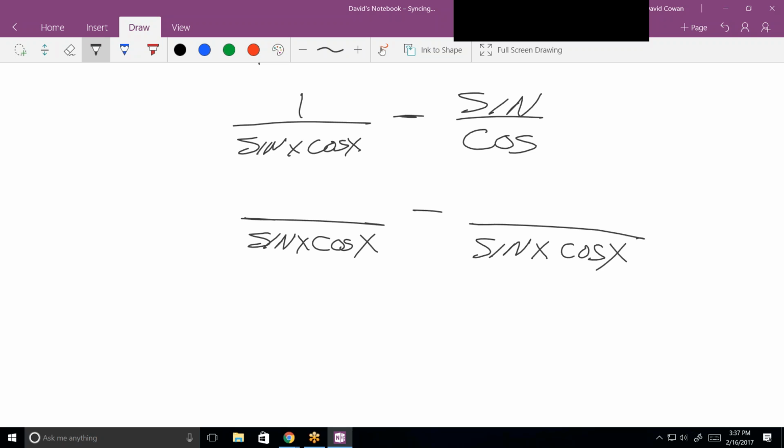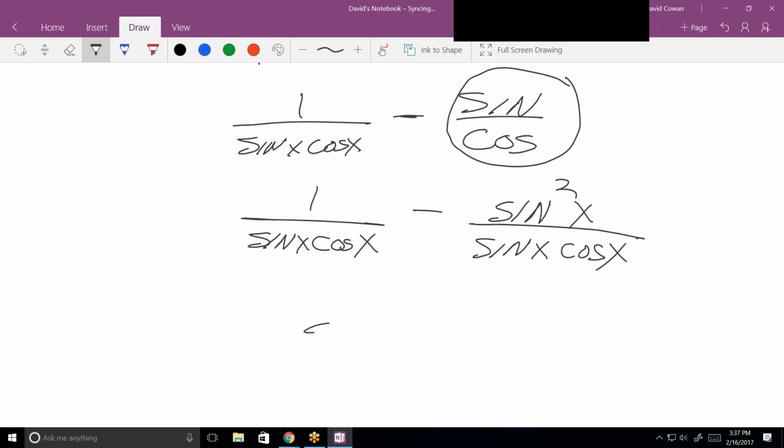Over here, I didn't change it, so I still have a 1 in the top. What do I have over here? What's the same as that fraction? Sine x cosine x would make it 1. So sine squared x. Sine squared x is not the same as sine of x squared.